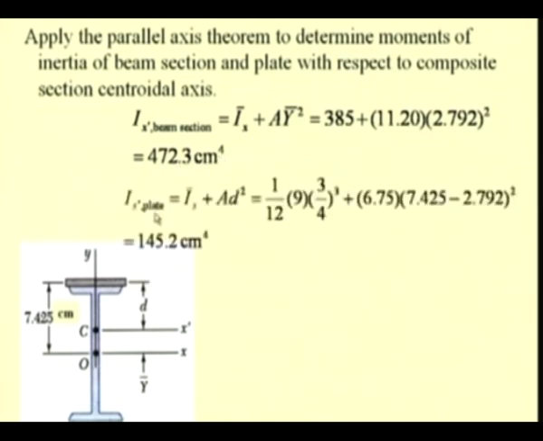And for the plate section, again by using the parallel axis theorem, we have Ix prime plate is equal to Ix bar plus A d square, where A is the area of the plate and d is the distance of this plate with respect to this axis, and we have this quantity as 145.2 centimeter to the power of 4.